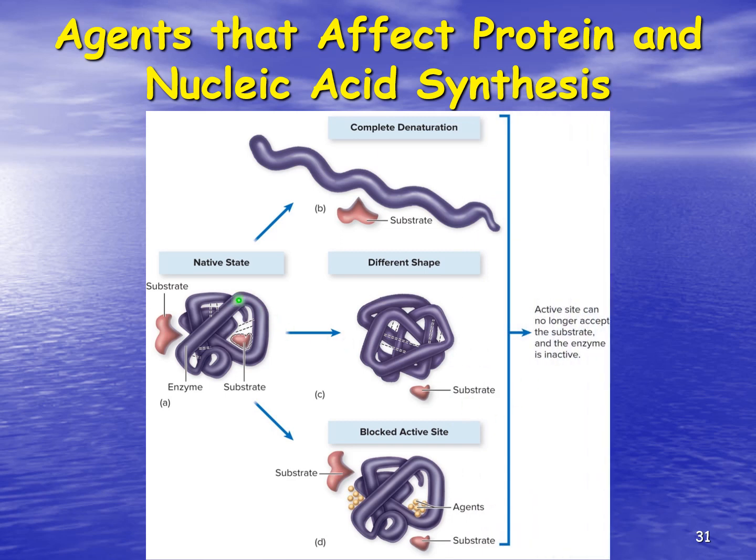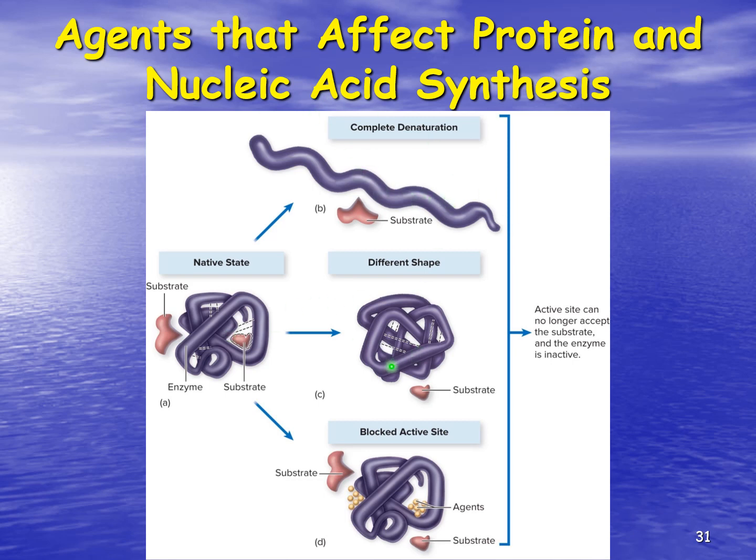So here's our native state, and here would be our substrates at the active sites. And so I could completely denature the protein, basically taking it back to its primary state of a chain of amino acids, and so the substrate has nowhere to bind.